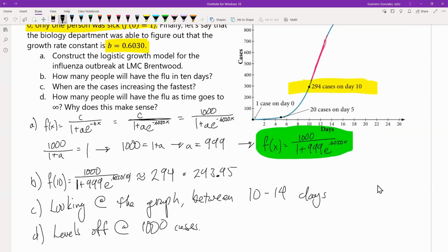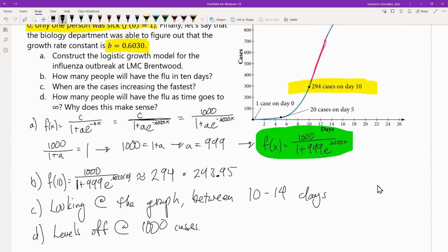If you take a look at the scenario that's been given to us, there's only 1,000 people that show up to LMC Brentwood campus. So you can't have more people get sick than show up. Does that make sense?